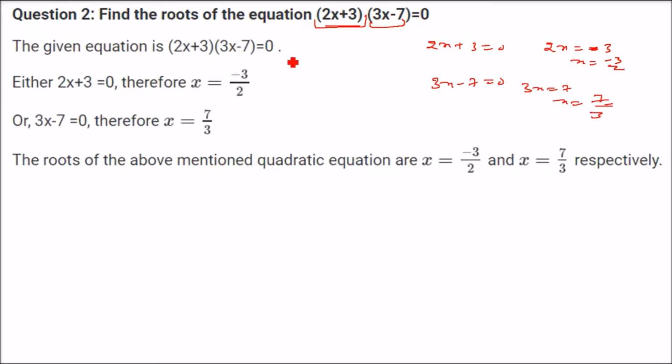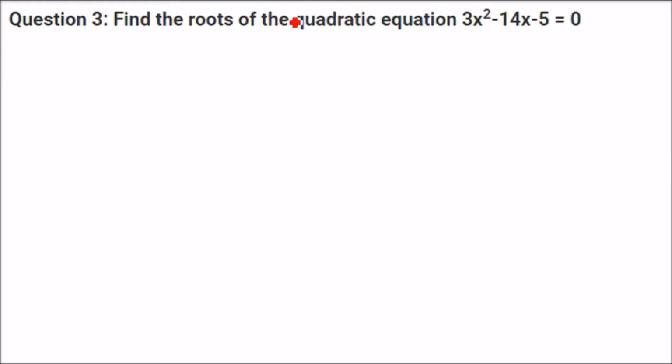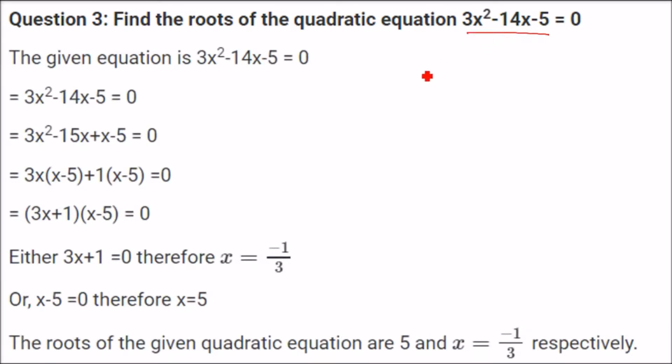But in the examination and in the home assignments, you have to do exactly like this. Find the roots of the quadratic equation. So we'll make the factors of this quadratic equation. This is 3x square. Now 3 into 5 is 15. So minus 14x can be written as minus 15x plus x, minus 5 equal to 0.